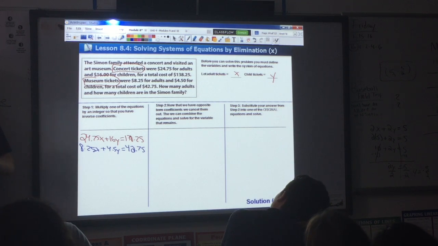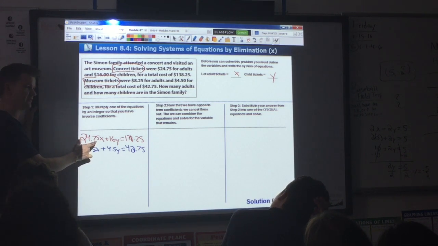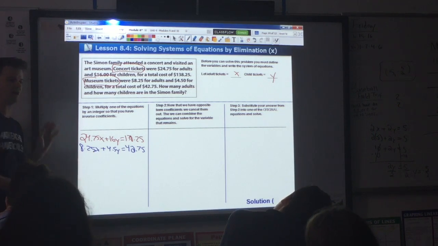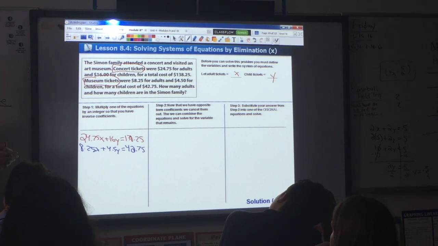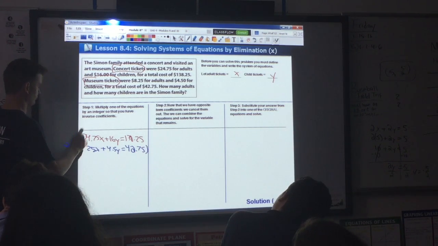Okay, so I know that I'm going to have to multiply the bottom equation by something. This is a positive 24.75. What do I need on the bottom? A negative 24.75. What can I multiply 8.25 by to make it negative 24.75? Negative 3. So I'll multiply the whole bottom equation by negative 3.